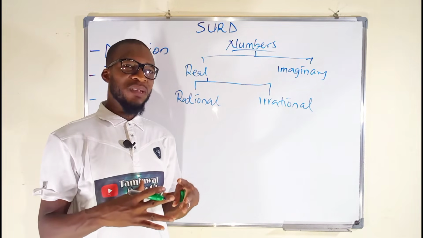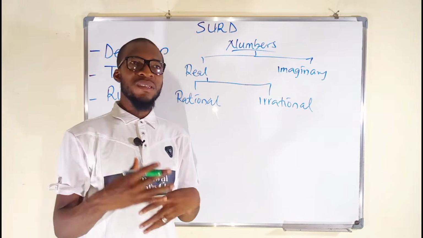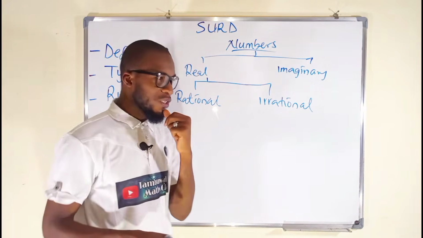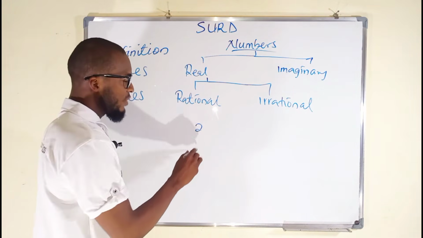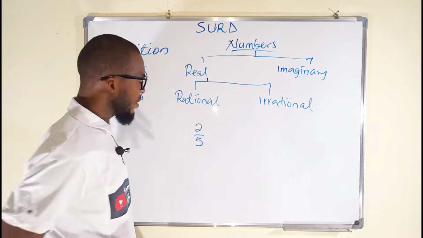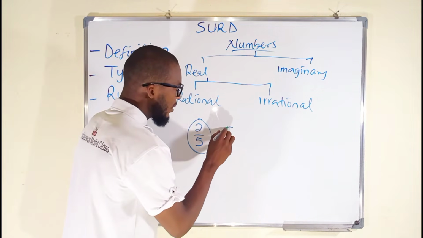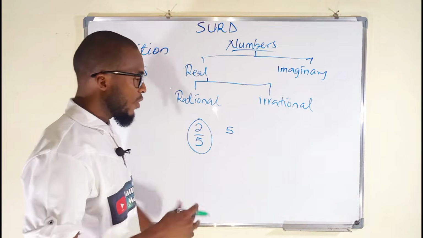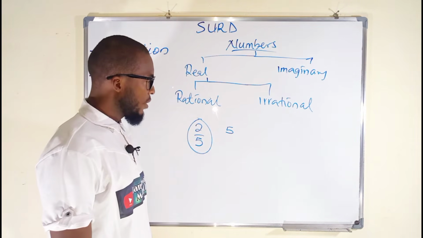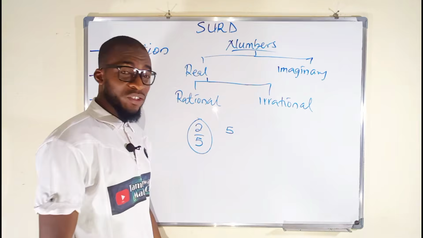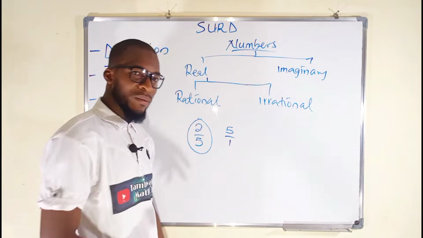Rational numbers are those numbers that you can express as a ratio of two integers. 2 is an integer, 5 is an integer, so this is a rational number. 5 is an integer, also a whole number. It's a rational number because you can rationalize it as 5/1.